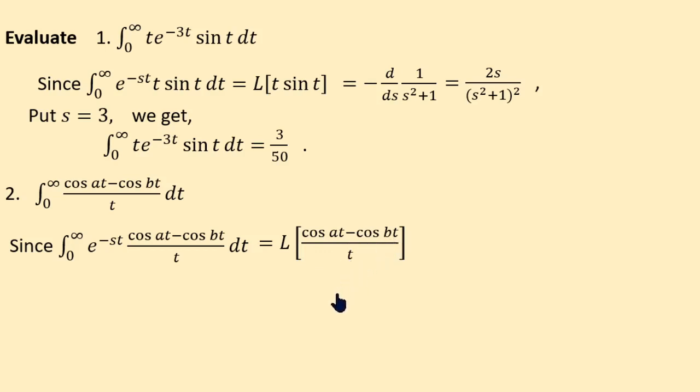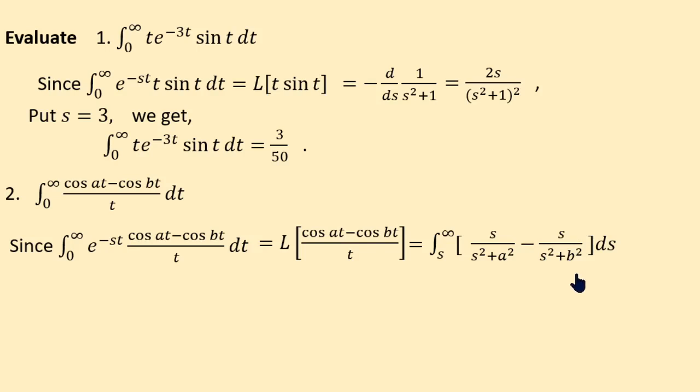So, that is integral s to infinity of the Laplace transform of f of t. Here f of t is cos at minus cos bt, that is s by s square plus a square minus the Laplace transform of cos bt, s by s square plus b square. And we have the formula for the integral of s by s square plus a square ds, that is log root s square plus a square minus log root s square plus b square.